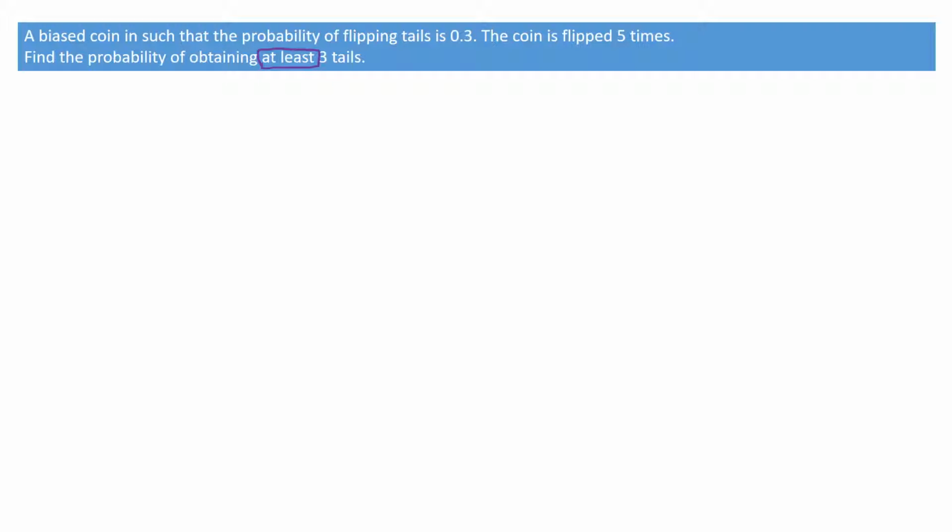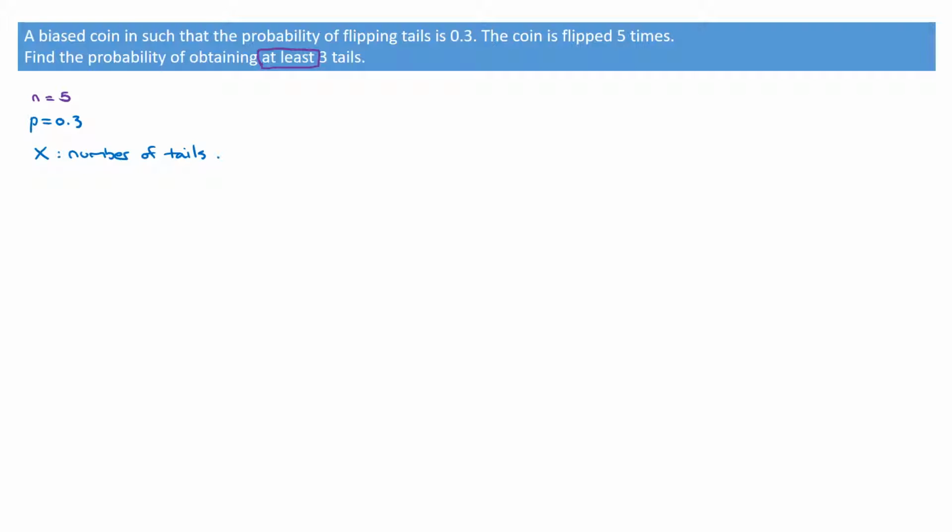Each flip is independent of the previous, and we have 5 trials, so n is equal to 5. The probability of a success is 0.3, so p is equal to 0.3, and we define the discrete random variable capital X as the number of tails obtained, or the number of times we flipped tails.